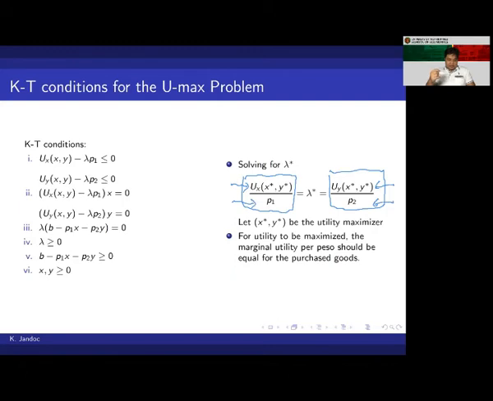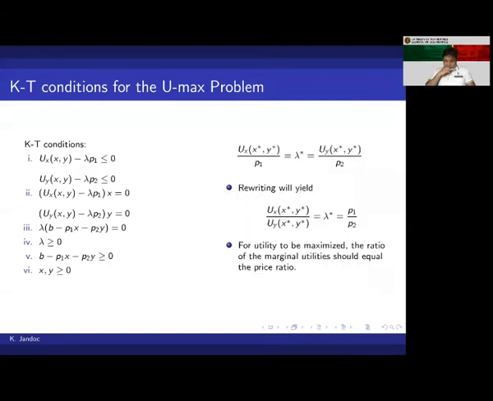So if x star, y star is the utility maximizer, then this ratio of the marginal utility to the price, the marginal utility per peso, should be equal for both goods. Marginal utility of x divided by p1 should be equal to the marginal utility of y divided by p2. Or we can rewrite it: here we have the condition that we had earlier when we solved for lambda.